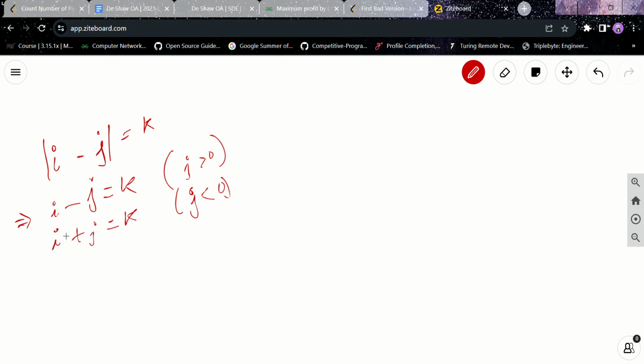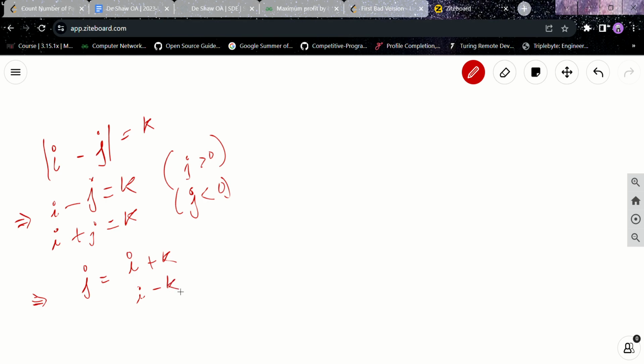Now how can we write it? We can reduce it like this: j is equal to i plus k or i minus k.